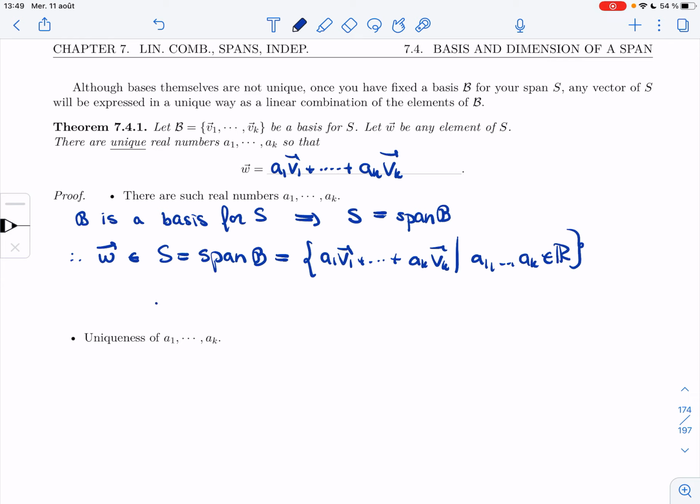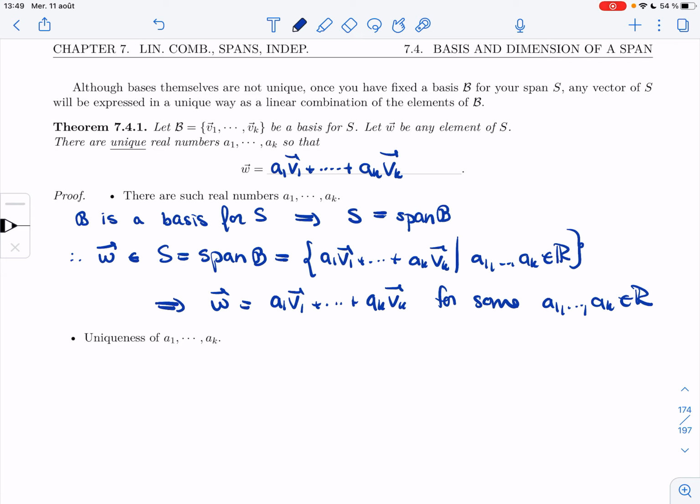And so, of course, that means that W can be written that way, for some A1, AK in R. So this part is more straightforward. We know that W is in the span of B, so we know it's a linear combination.